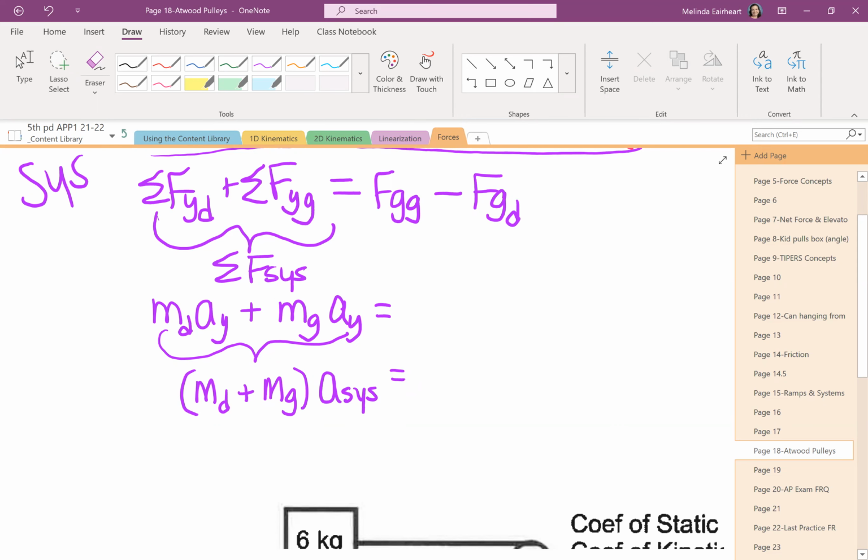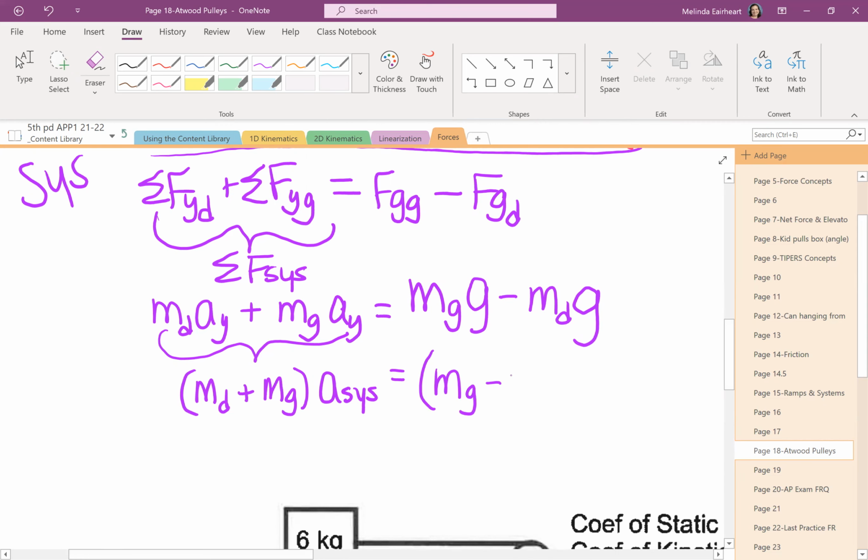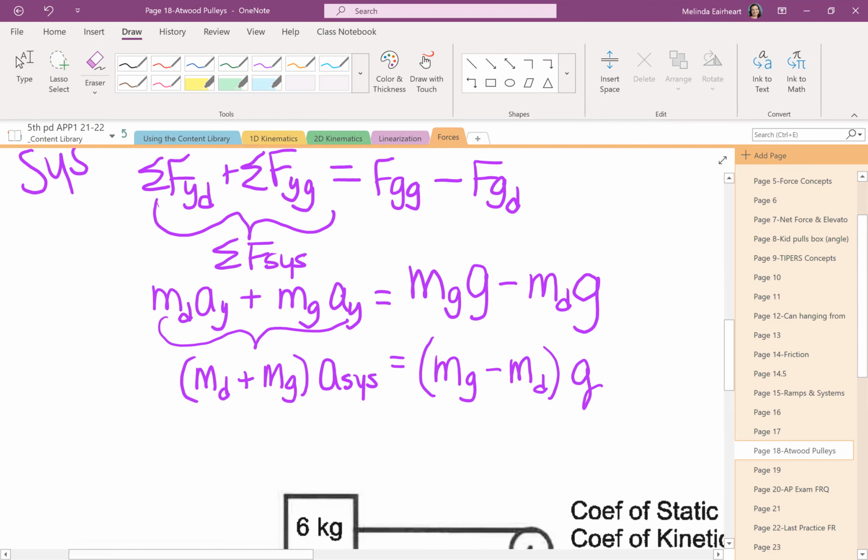FG equals mg, so careful here: it's the mass of the gazelle times a slightly bigger gravity, g, minus the mass of the duck times the same gravity. Even though they're moving in different directions, gravity still acts in the same direction on each, right? You can factor out the g, and so you can say gazelle mass minus duck mass, all times g.